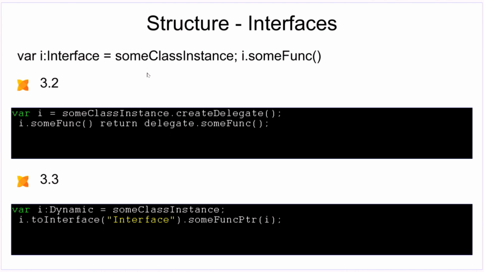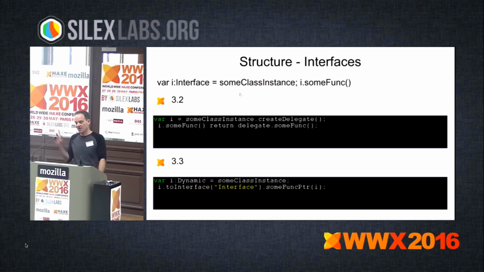So when you call a function on the interface, it actually jumps off and calls that function on a different object, which allows different objects to implement the same interface. The problem with this is that it obviously requires the creation of the extra delegate, and there's two function calls involved when you make an interface function call. It's got to call the little delegate object, and then it trampolines it off to the real object.